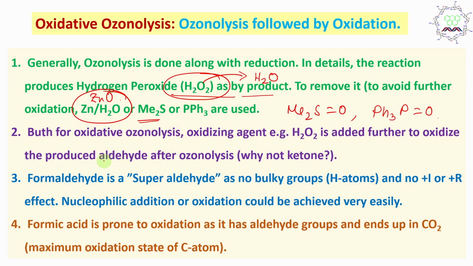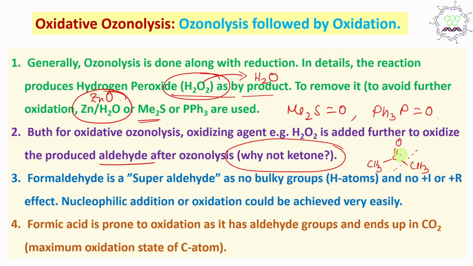Now, you may say, sir, why aldehyde? Why not ketone? See, actually, oxidation of a ketone like acetone is comparatively difficult. During this process, you need to break the C-C bond. First of all, it is very inert. Why? Carbon-carbon bond, two same atoms, the electronegativity difference is very less.